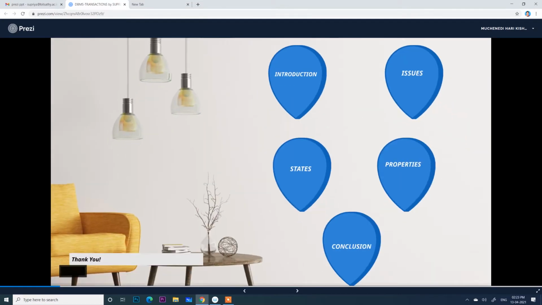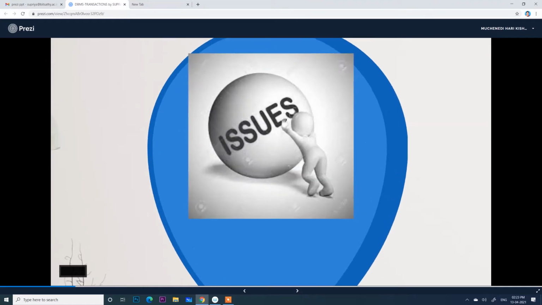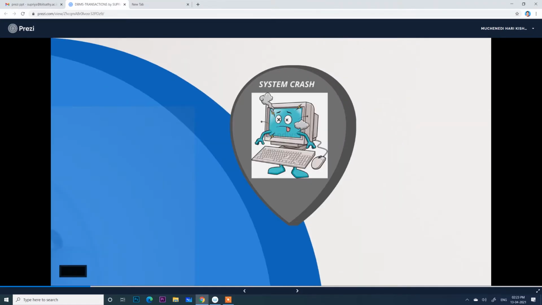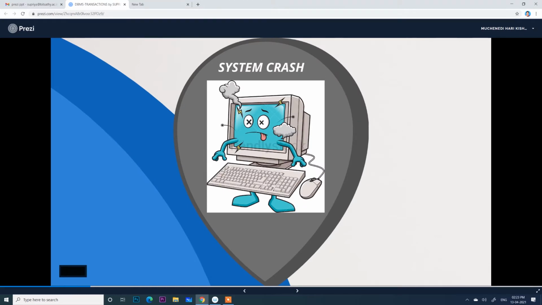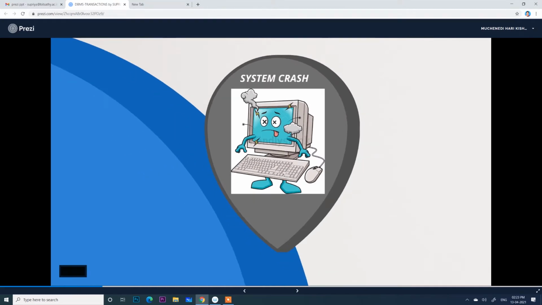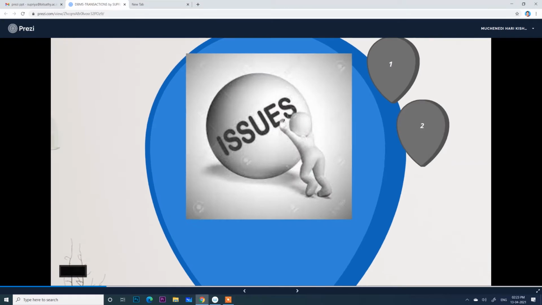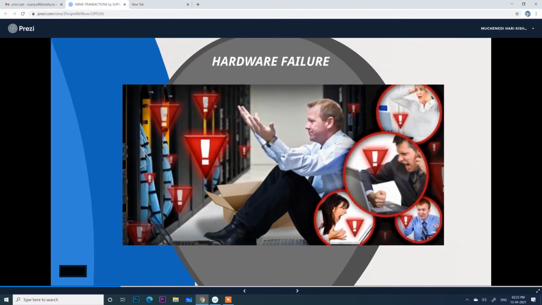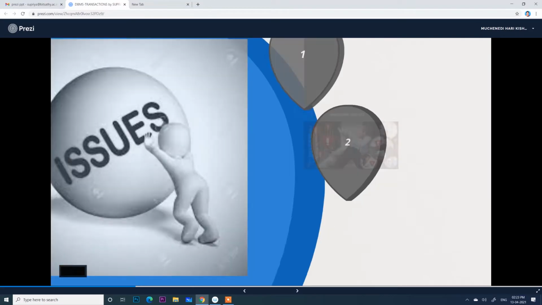So whenever we are doing some operations in the system, we deal with some common problems or issues, like we may encounter a system crash due to power failure, or we may experience some hardware failure. We may be in a very important process, and if the hardware failure occurs at that time, we may be frustrated about what to do.